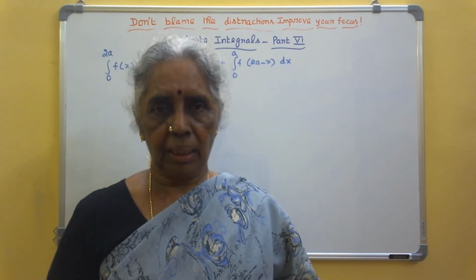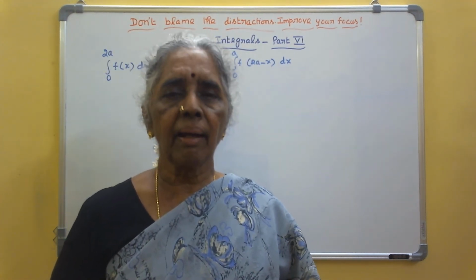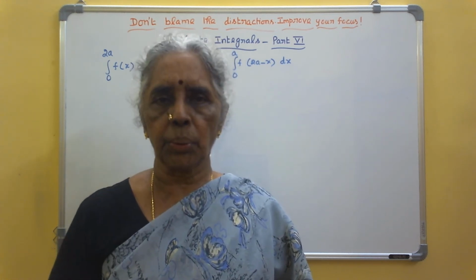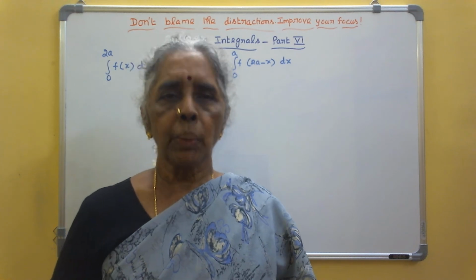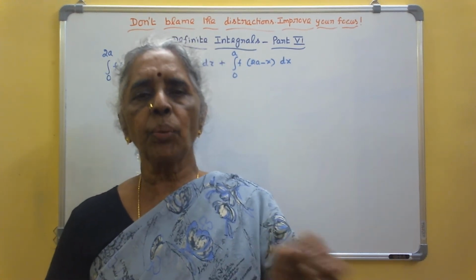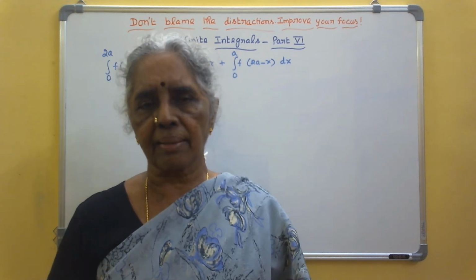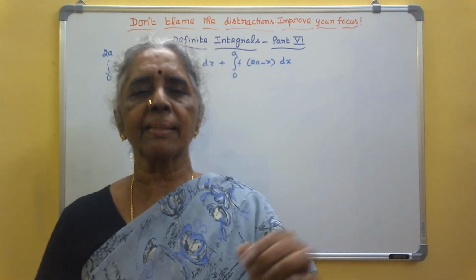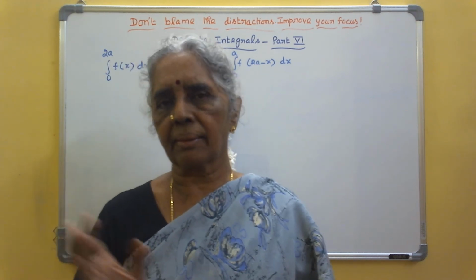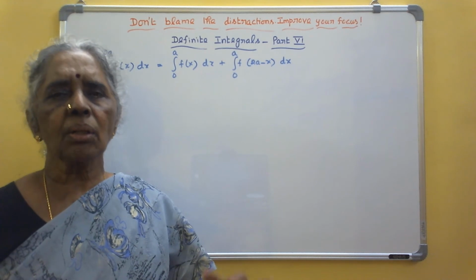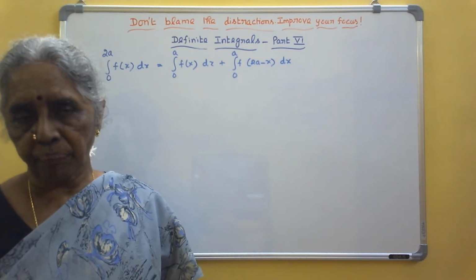Then last you learned integral 0 to 2a f of x dx is equal to two results. Twice integral 0 to a f of x dx if f of 2a minus x is equal to f of x, and 0 if f of 2a minus x is equal to minus of f of x. And this is the property you learnt last, which is not that much used.